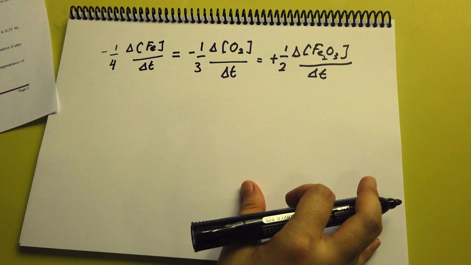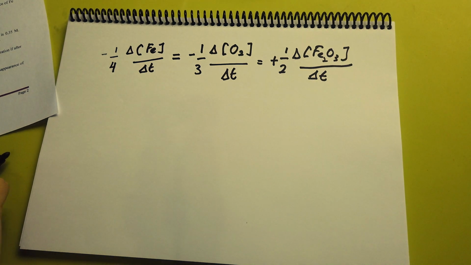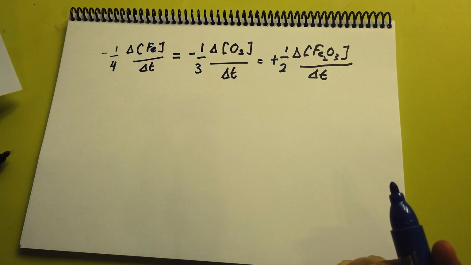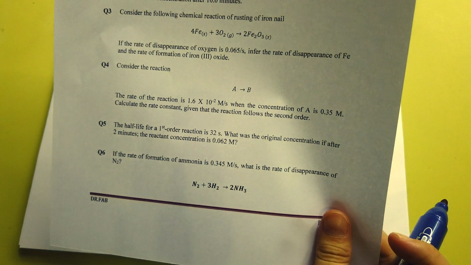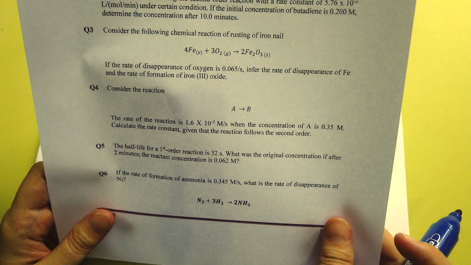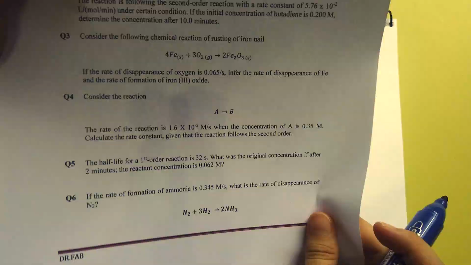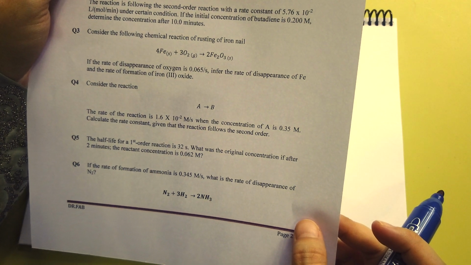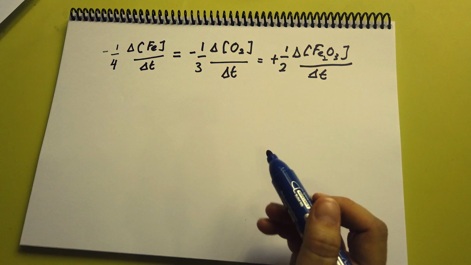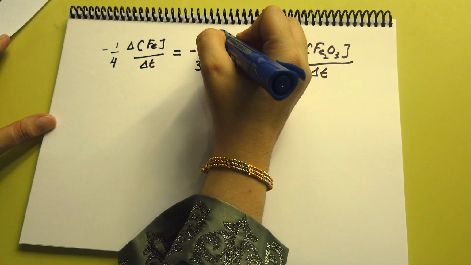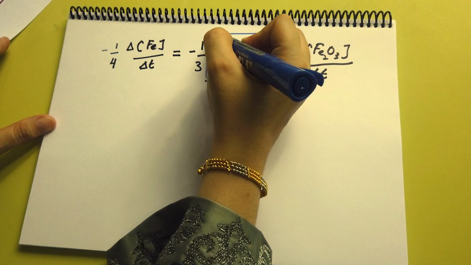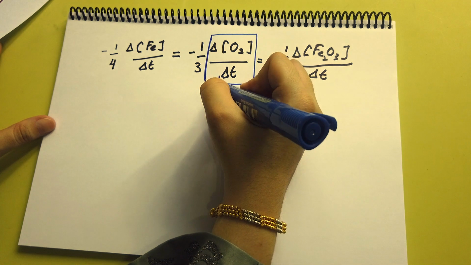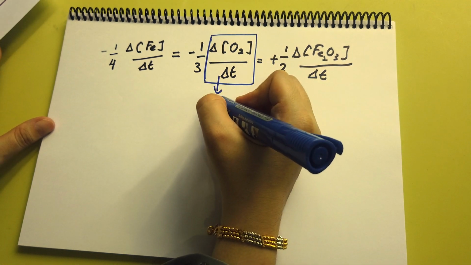From here, we need to look back at the question. The question states that the rate of disappearance of oxygen is equivalent to 0.065 per second.